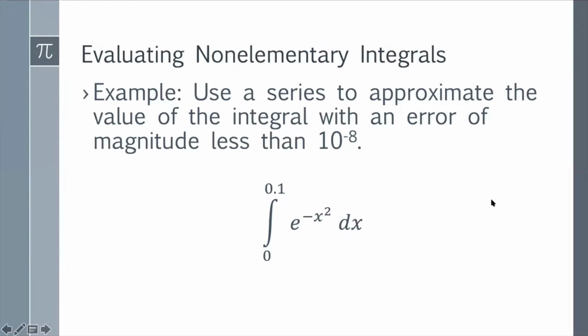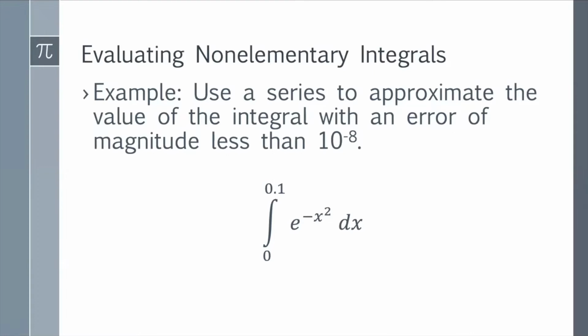All right. At this point, we move into section 10.10 and one of my favorite applications of power series, which is evaluating non-elementary integrals. As I probably mentioned a long time ago, most functions do not have any simple antiderivative. And the function that you see here is one example, e to the negative x squared.